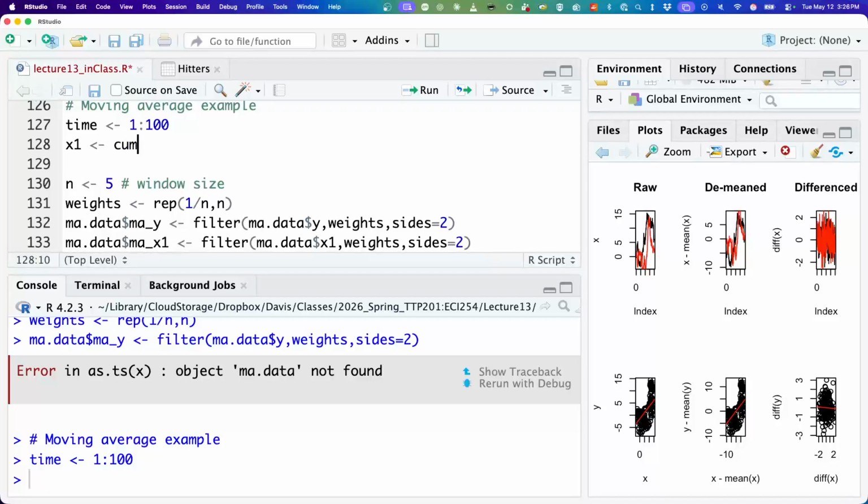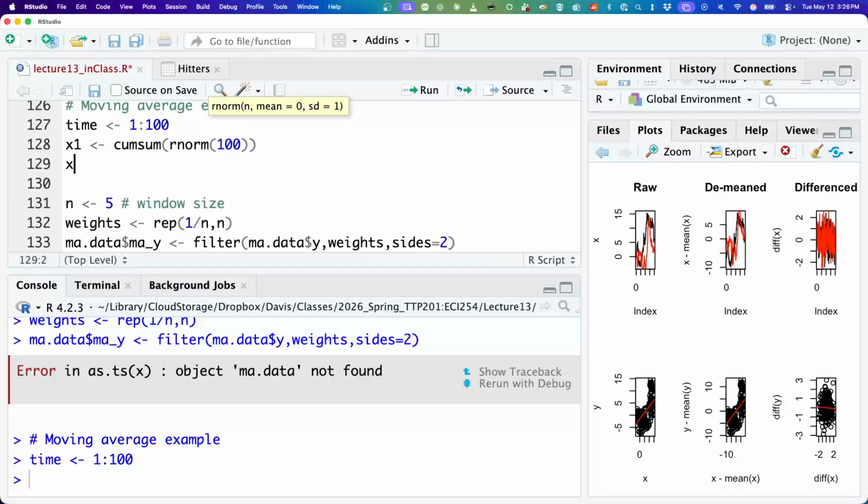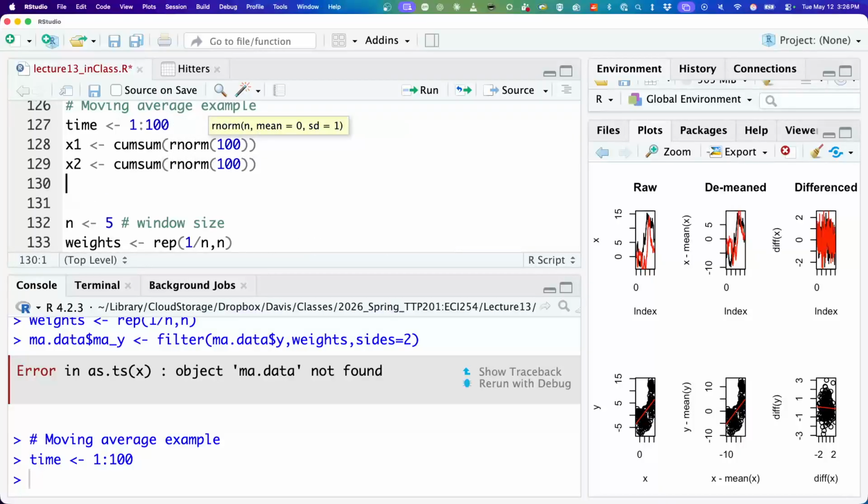For x1, we're going to do a similar type of thing here. And here we are relating our x's and our y's.